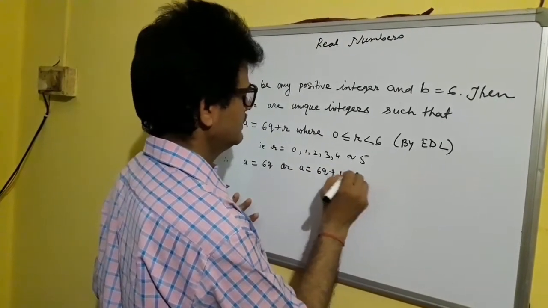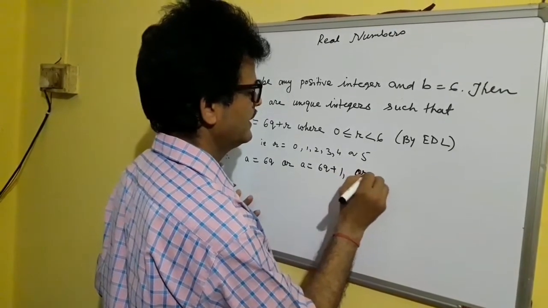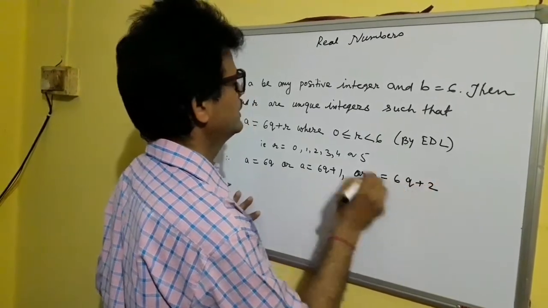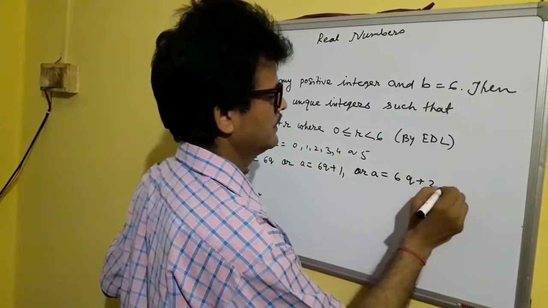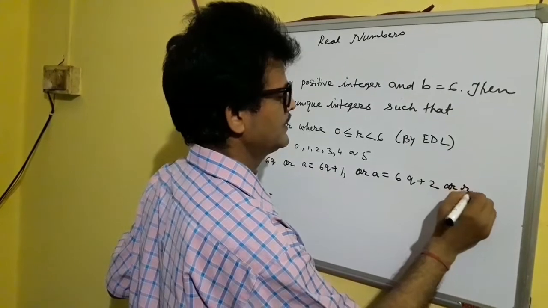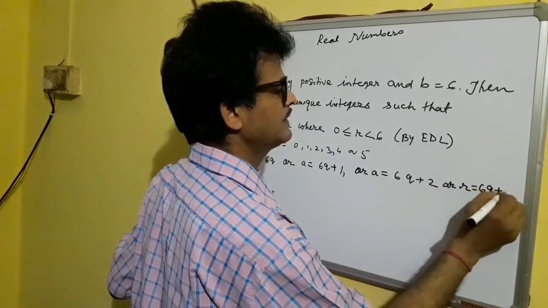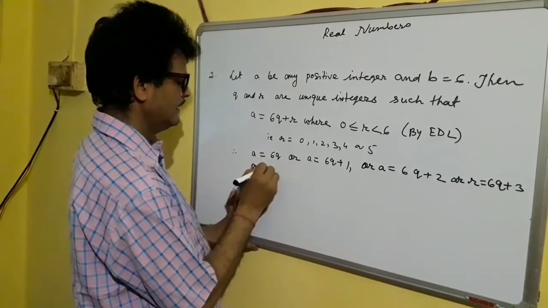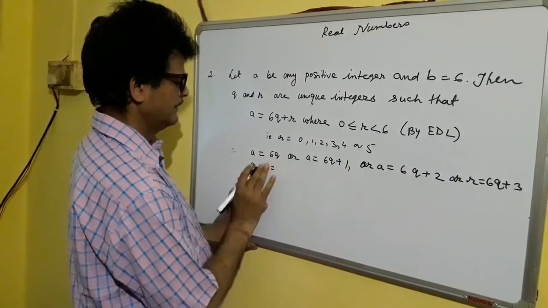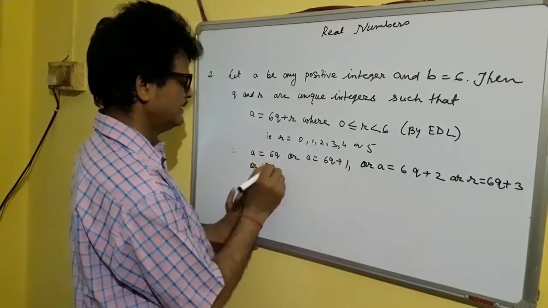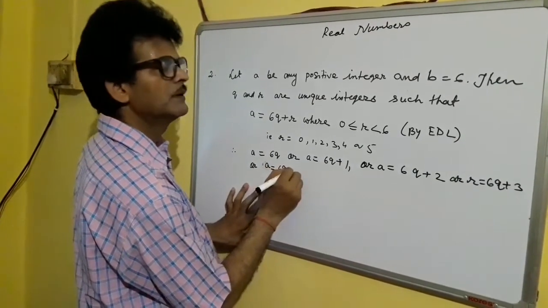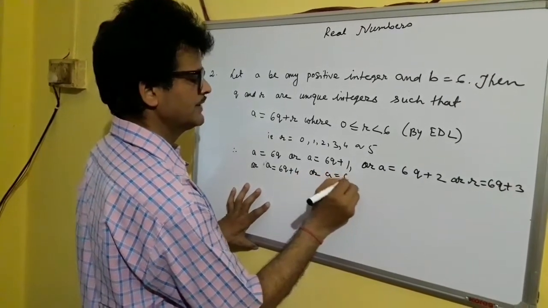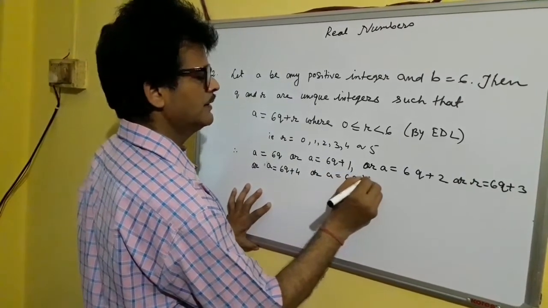Or a is equal to 6q plus 2 when r is equal to 2. Or 6q plus 3. Or a is equal to 6q plus 4, or a is equal to 6q plus 5.